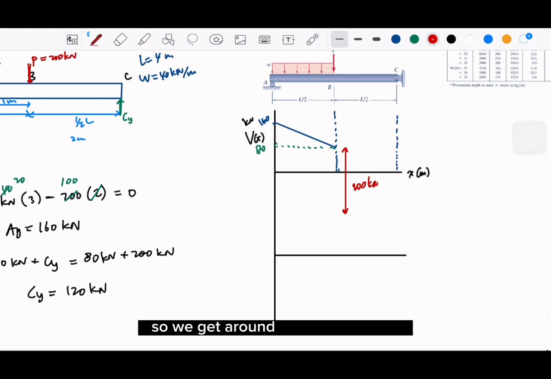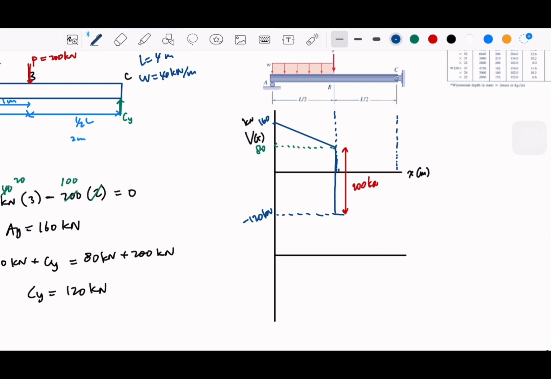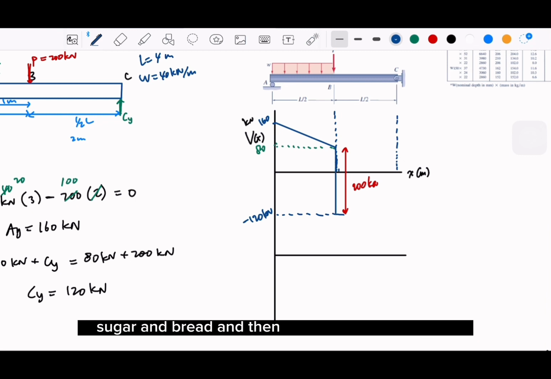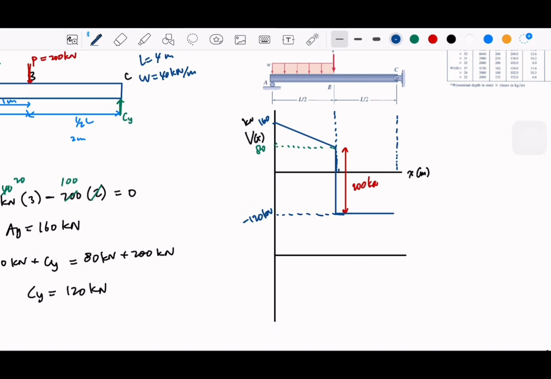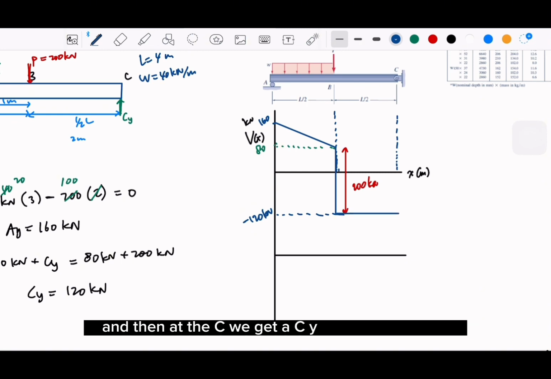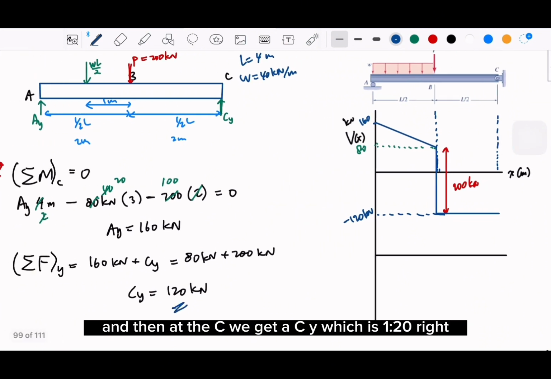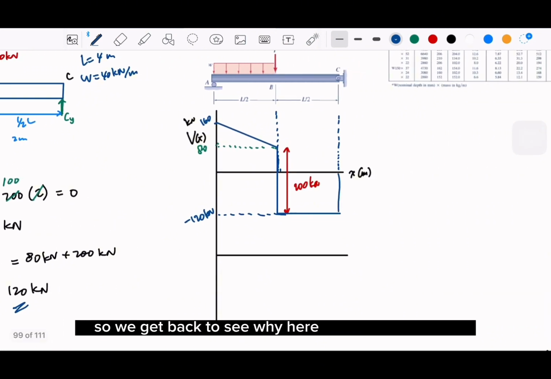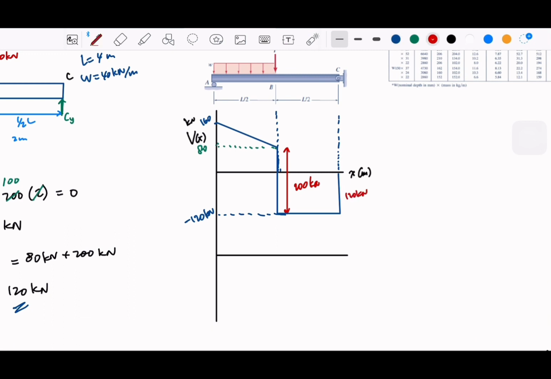So at this point here, it will be negative 120 kilonewton, right? So that will be our shear diagram, and then nothing happens until C, it's a constant. And then at C, we get a CY, which is 120, right? So we get back to CY here. This is another 120. Okay, so this will be our shear diagram.